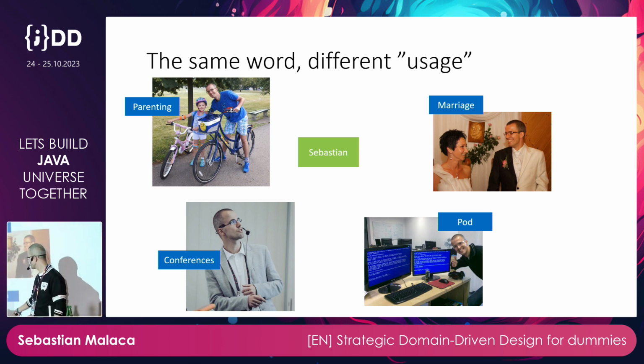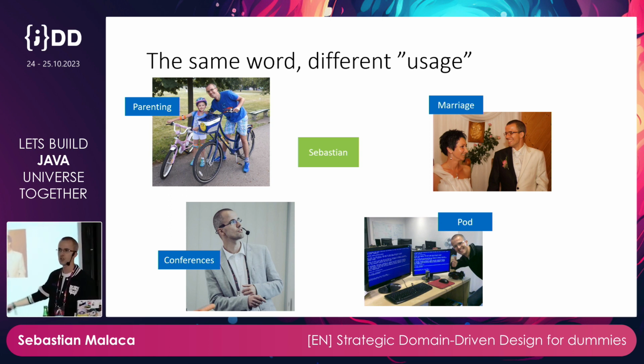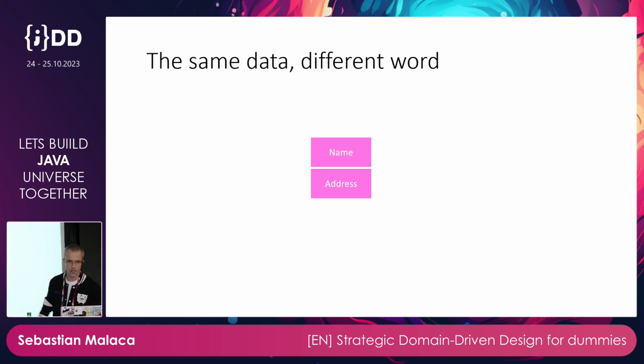I'm doing damages here, but those damages are different in here, different here, different here, different here. One word that refers to the same entity, but context gives you a lot of information. So this is another way to find boundaries in your context.